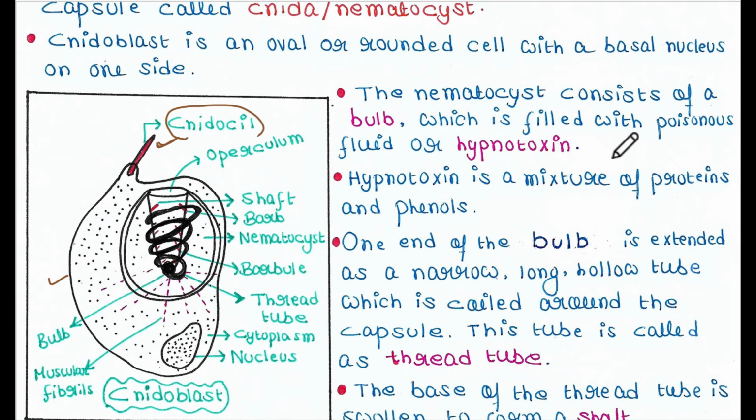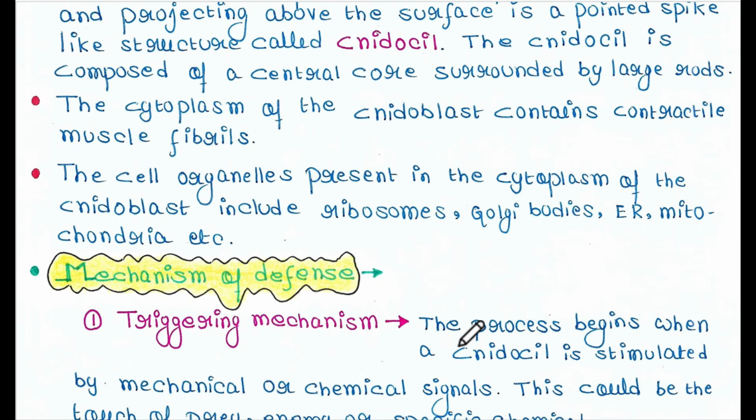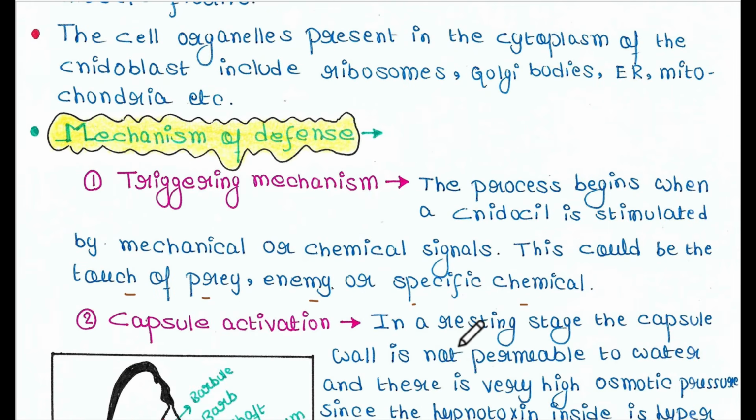This is the needle-like structure that is called the cnidocil. So what happens when there is a touch of any prey or enemy, or a specific chemical? This needle-like cnidocil is stimulated, and at that point, the triggering mechanism begins.